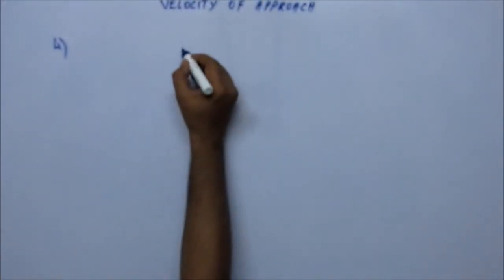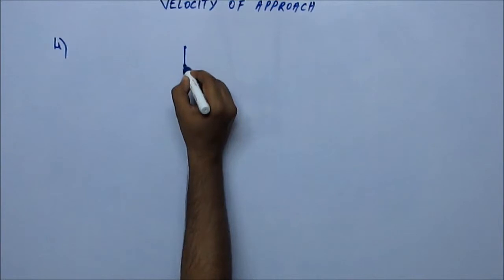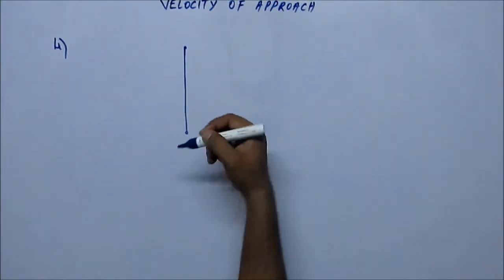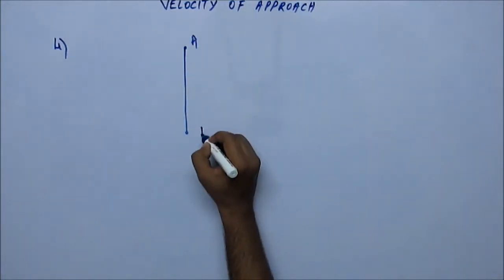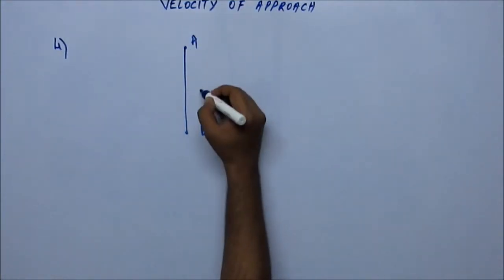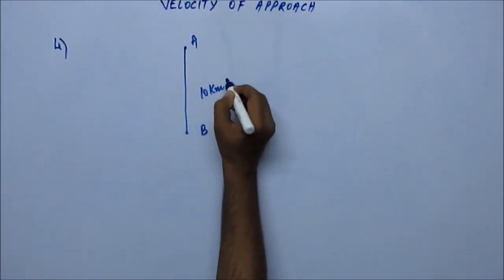Okay, so similar to this problem, let's solve one more so that you get handy with this kind of thing. There are two trucks, suppose, at points A and B. The distance between A and B is 10 km.